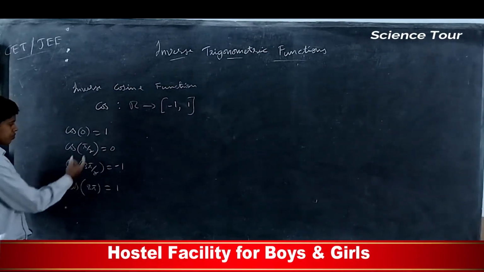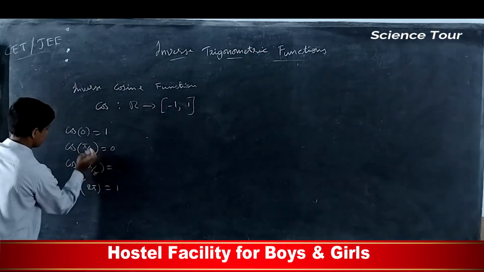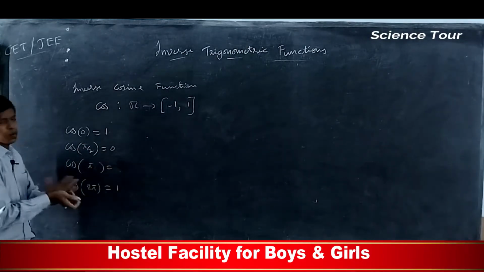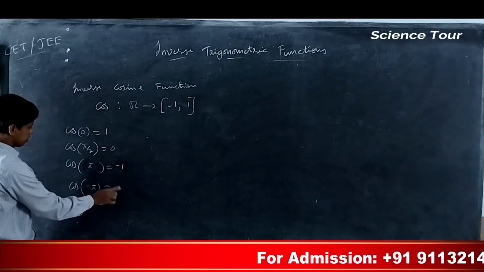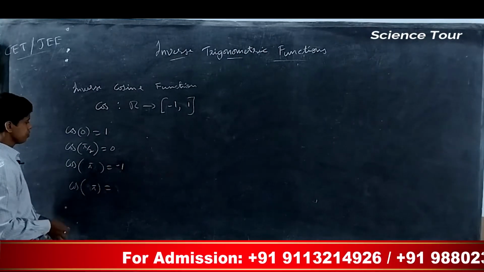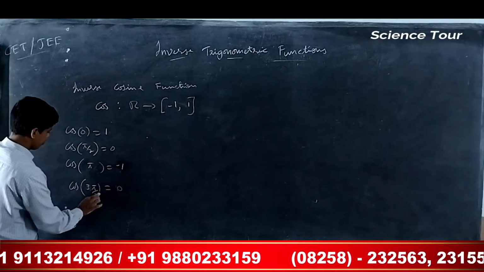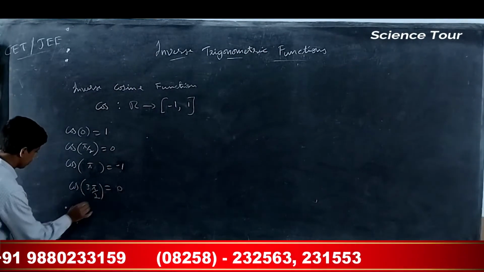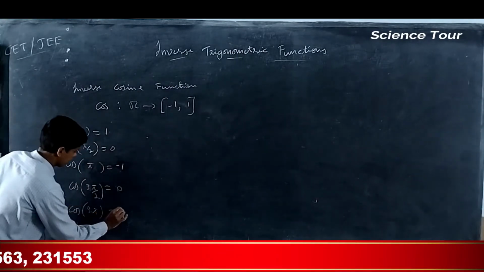Okay, cos 90, I'm sorry, cos pi I should have written. Okay, so what about cos pi? Cos pi is minus 1, and then cos 3 pi by 2 is 0, and cos 2 pi is 1.